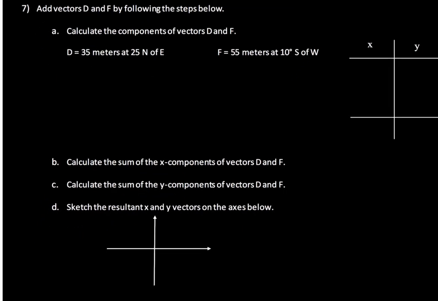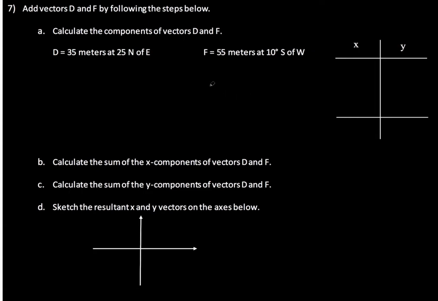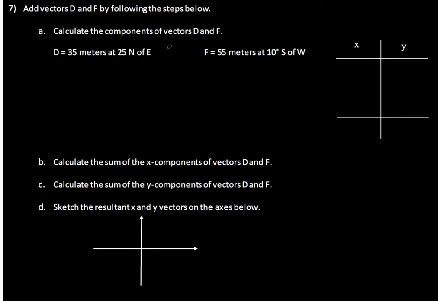So this is another application, the one we were talking about earlier, of being able to add components of vectors in order to add the vectors themselves. Let's take a look at how we do that. The first step to adding up vectors via their components is to get the components that I need to add up. So I need dx and dy, the x component and the y component, and I need fx and fy.